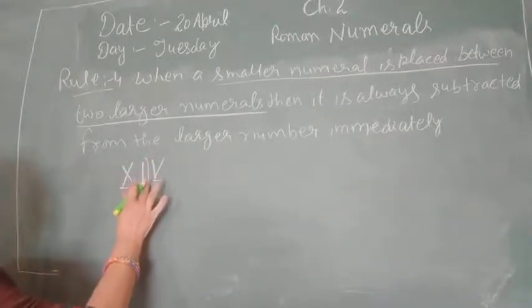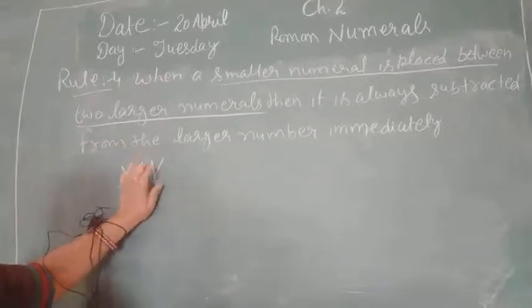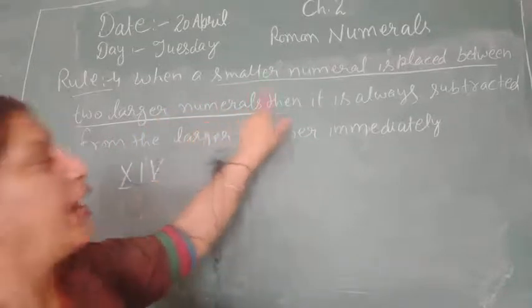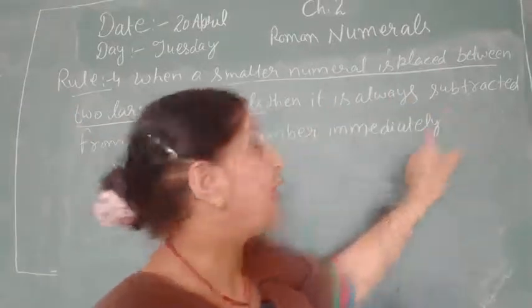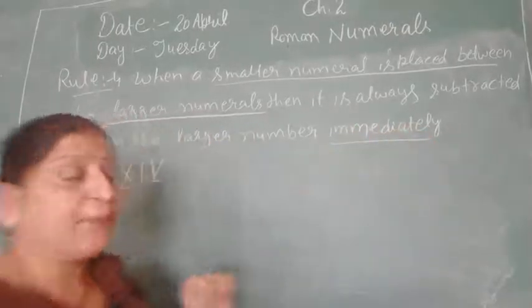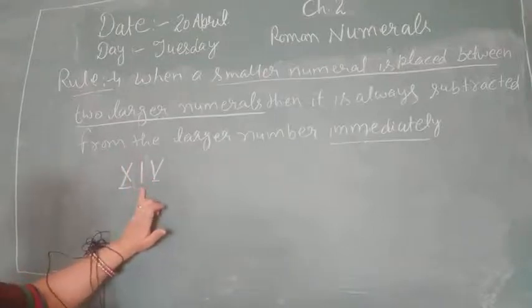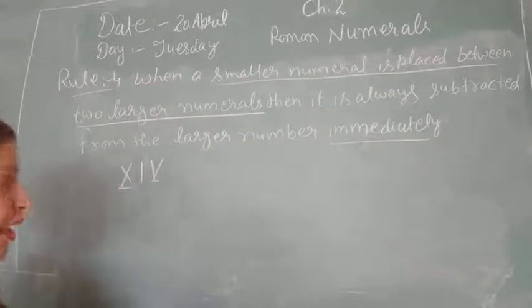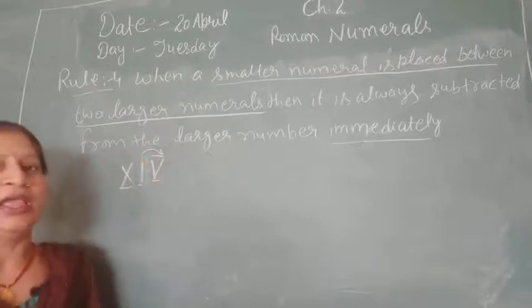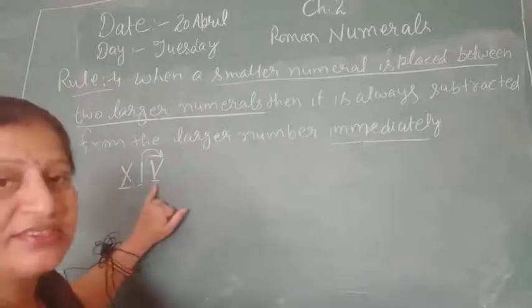Larger numbers are V and X. इन दो larger number के बीच में आपका क्या नंबर आ रहा है? आपका नंबर आ रहा है I. तो जब ये केस आता है, then it is always subtracted from the larger number immediately. अब ये किस लार्जर नंबर में से सब्ट्रैक्ट होगा? जो लार्जर नंबर उस स्मॉलर नंबर के इमीडिएटली बाद आ रहा है. तो ये स्मॉलर नंबर है और इसके इमीडिएटली नंबर क्या आ रहा है? V. It means that this I is subtracted from this V.